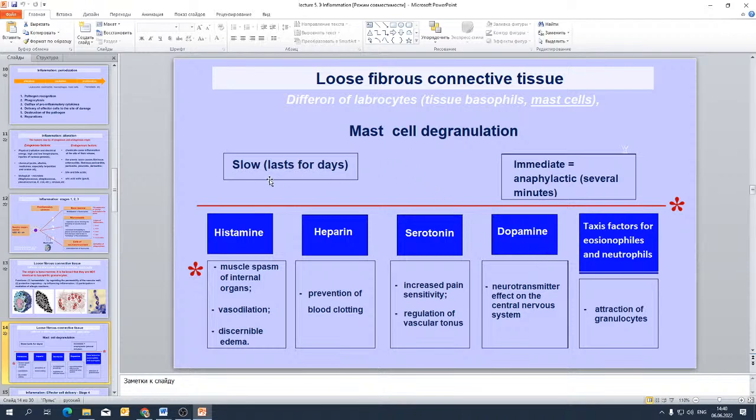In this, you look, there is slow and immediate reaction. Slow lasts for days. Immediate, anaphylactic, lasts several minutes, for example. Chemotaxis factors for eosinophils and neutrophils, attraction of granulocytes.